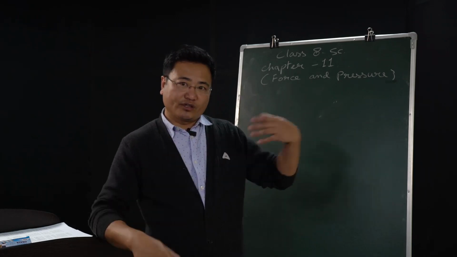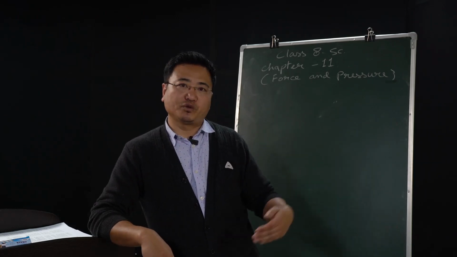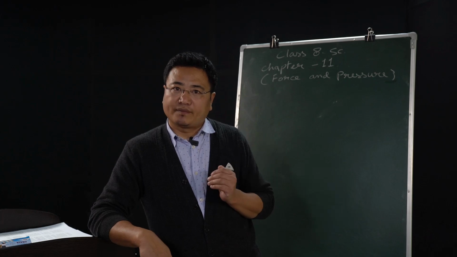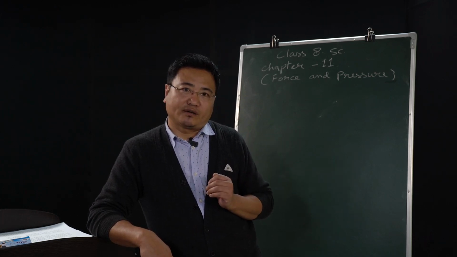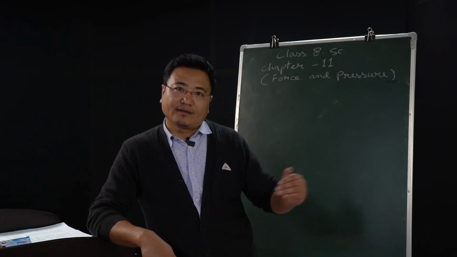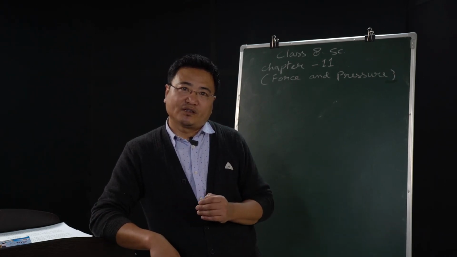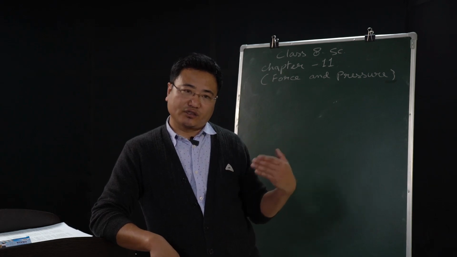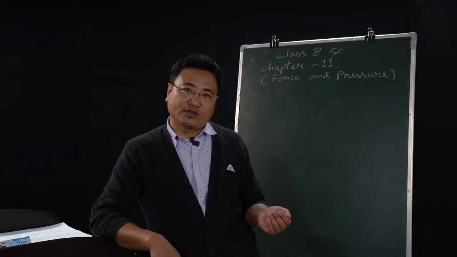Even if we don't push or pull them, the two magnets will come together, and there is a force which makes the magnets come together. That force is a magnetic force.